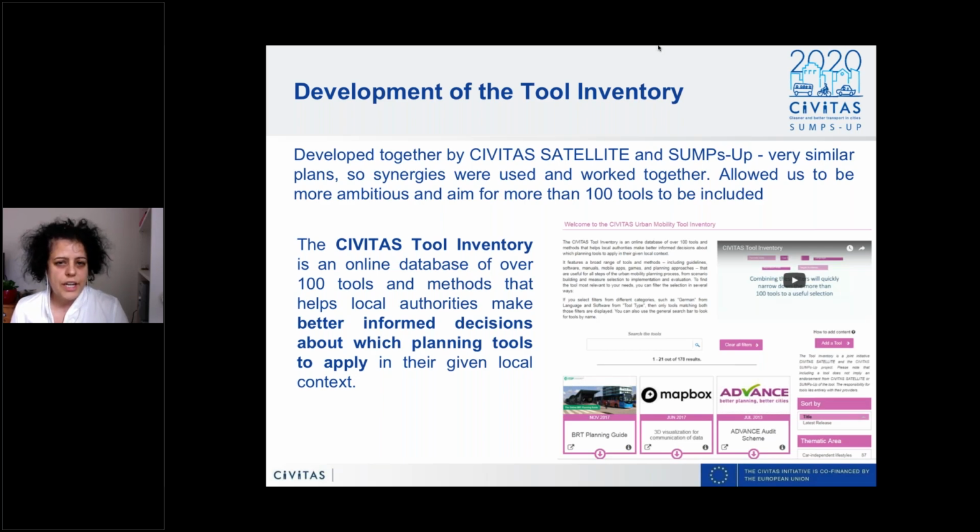We worked together and we have developed an online database with over 100 tools and methods that will support you and other local authorities and practitioners to make better and informed decisions about which planning tool to apply and that would best fit the local context.